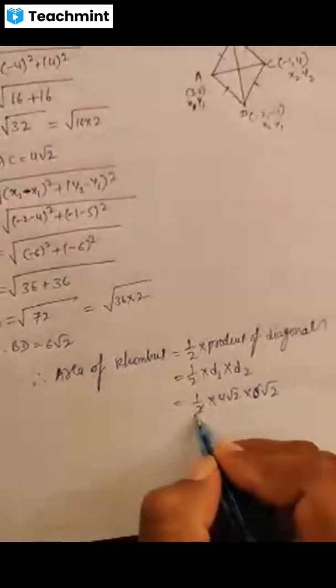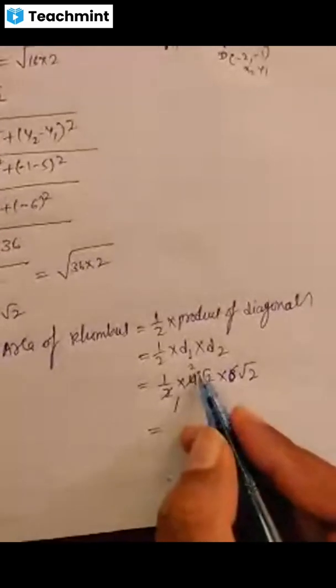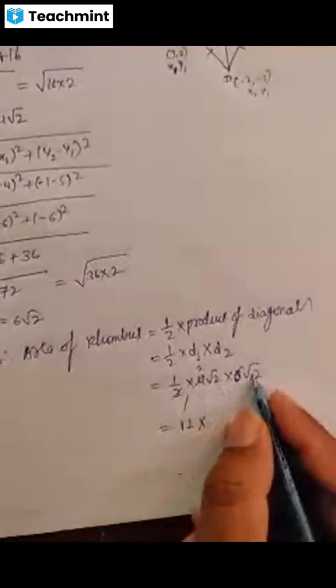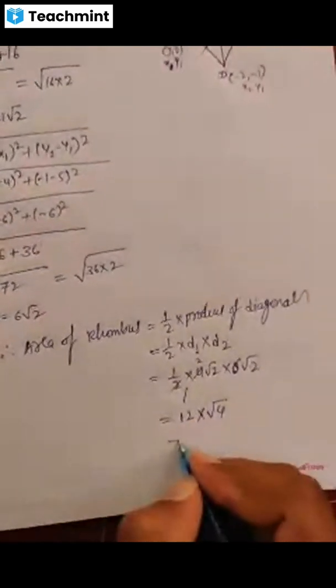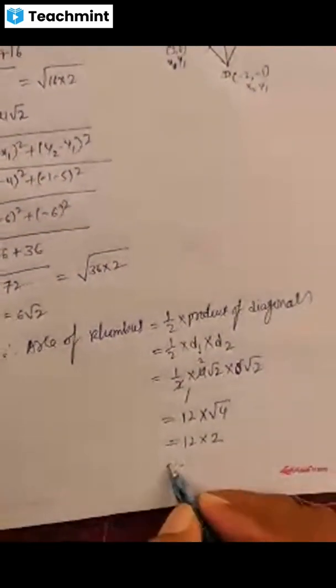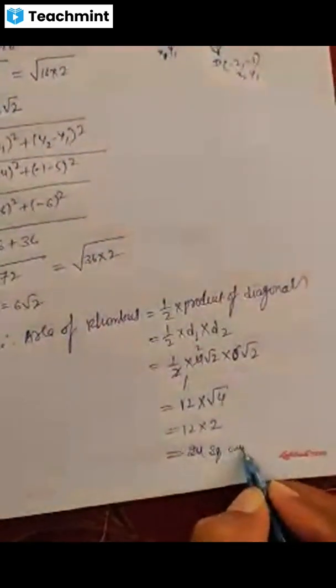So multiply numbers: 2 into 6 is 12, into root 2 into root 2 is root 4. Root 4 comes outside, that is 2. 12 twos are 24 square units.